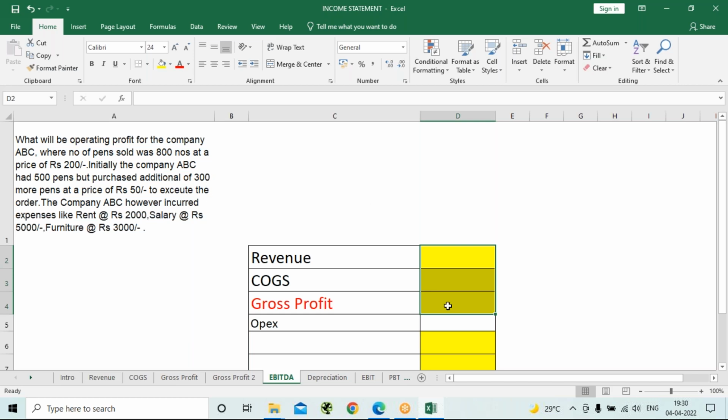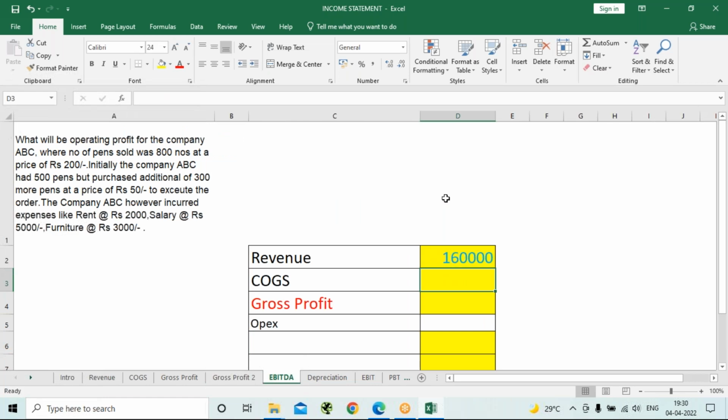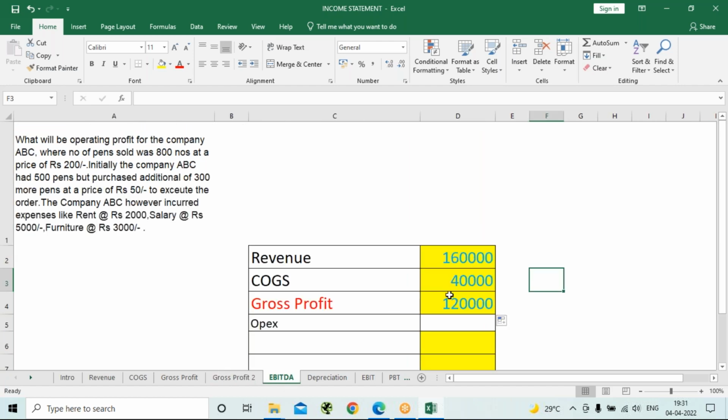So it is a continuation. In this case, instead of doing the calculation once again, I'll just refer to the previous sheet and select this value, so that it will just take those values, and I will drag it up to gross profit. That means whatever changes I make over here will appear over here.